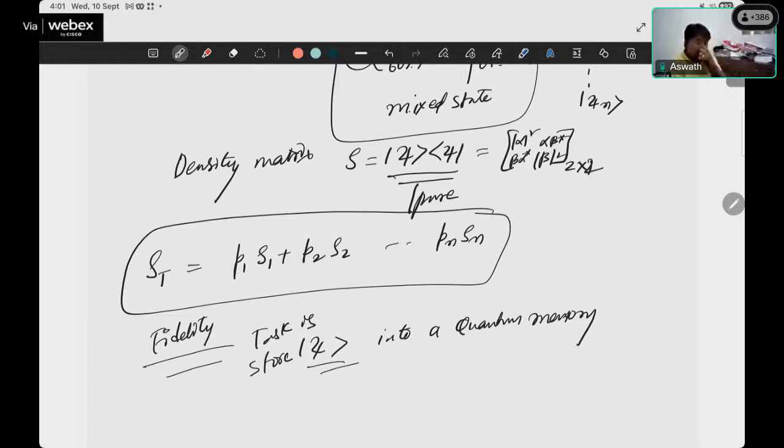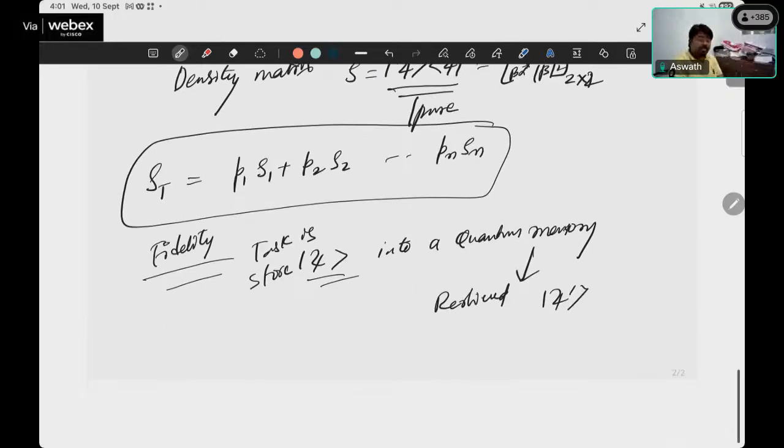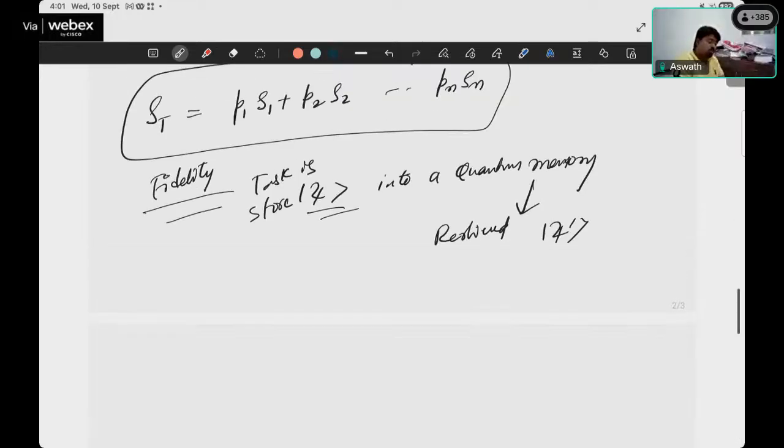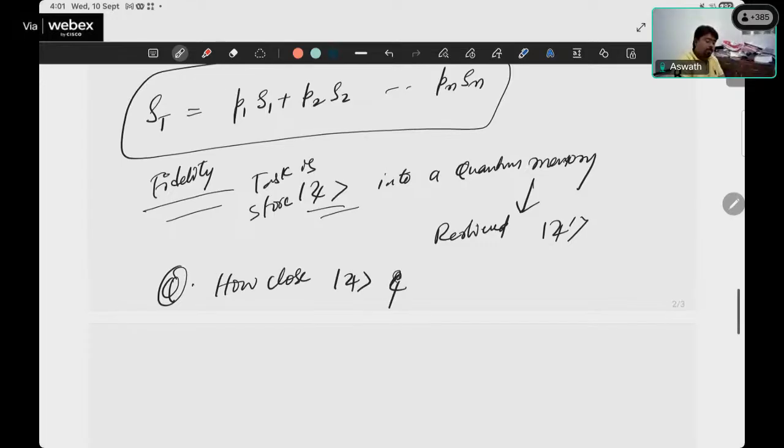Now the quantum memory is stored, but when it is retrieved, it gives me a psi prime, not exactly the psi. Now the question is, how close are psi and psi prime?